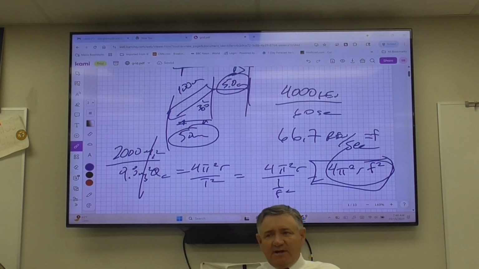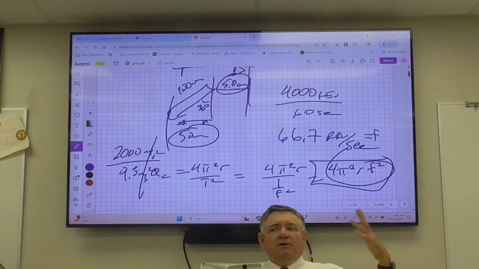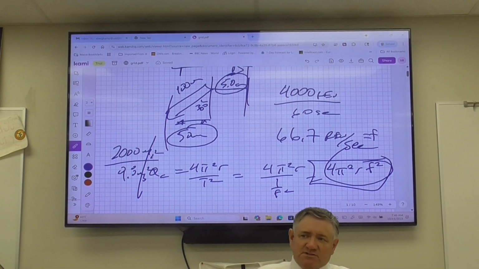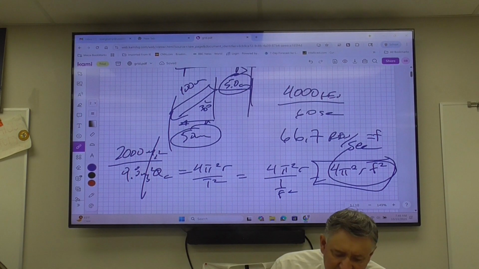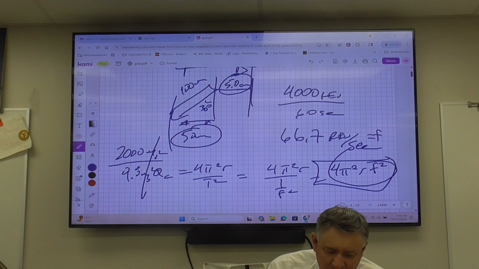The meters per second squared cancels out. Boom, you're left with just G's, because it's just a multiple of that. So both of your answers on number 10 should start with a 1 and a 7.